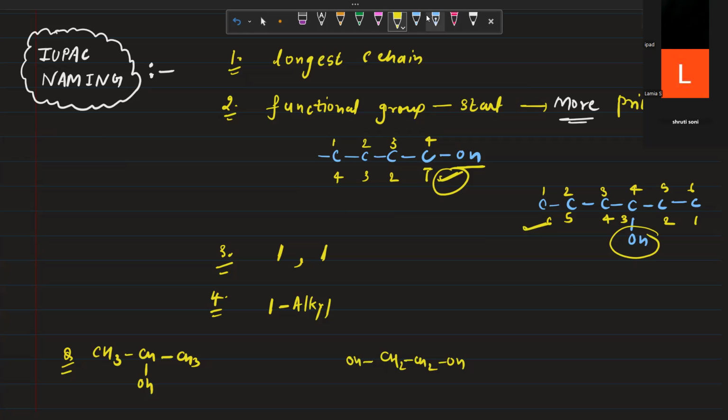So you try these two examples. Do you want me to give the name or try to give the name?